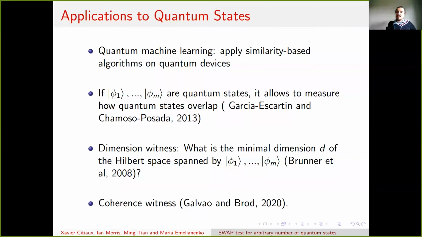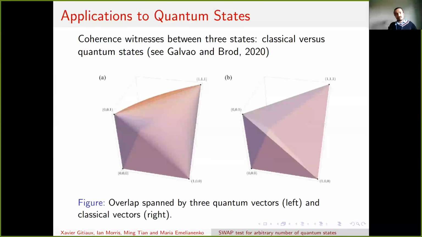There is also this idea of coherence witness, and let me show you an example of how that looks, which shows really nicely the difference between what's called classical and quantum vectors. So let's say you take three vectors, all normalized, and on the right, you plot all the possible overlaps, all the possible squared inner products between these three vectors.